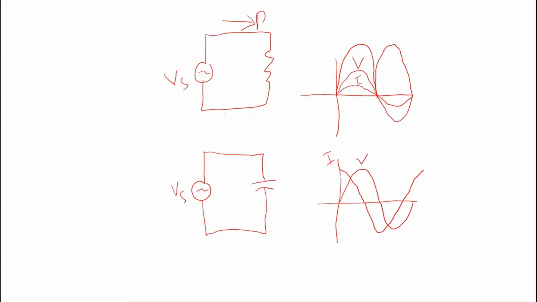Now you can see these could be divided in four quarters. In the first quarter the voltage and current are positive, so the power is positive. Then the voltage is positive and current is negative, so the power has to be negative. And similarly there will be a positive and negative again.